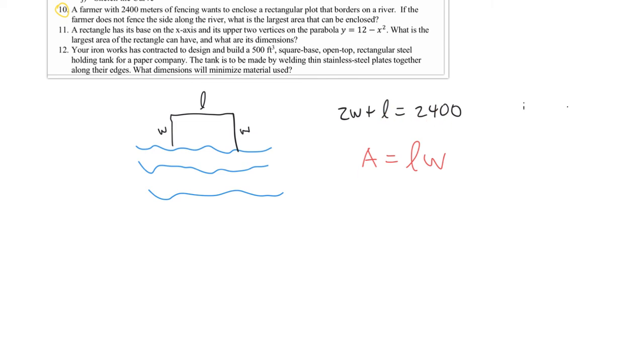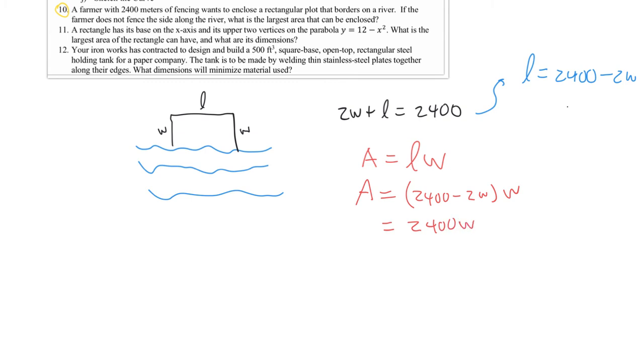So for example, we could take the top equation and solve for L in terms of W. And then we could substitute that into the area equation. So we know that really L is 2,400 minus 2W, and multiply that by W. We could actually distribute, and you would end up with that.